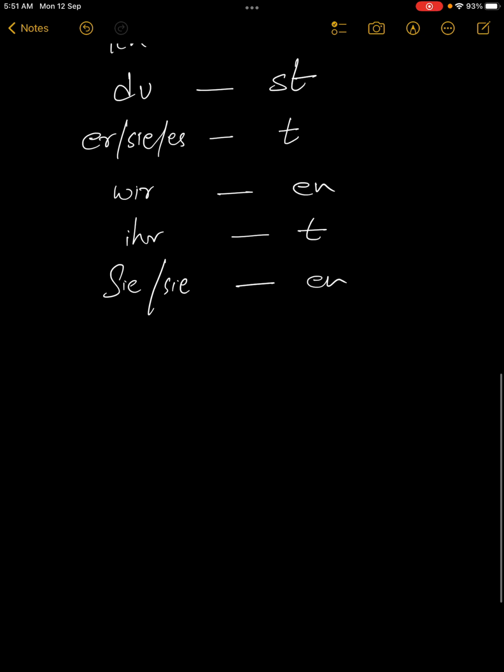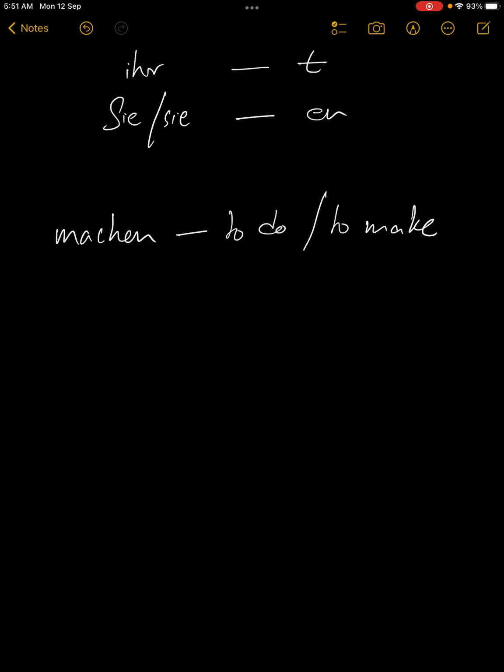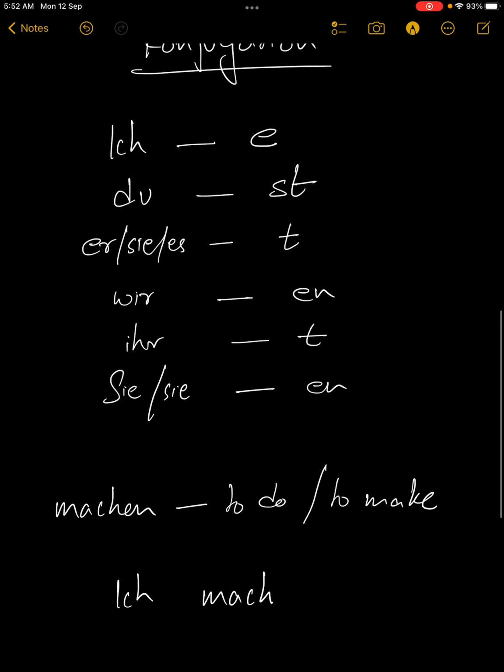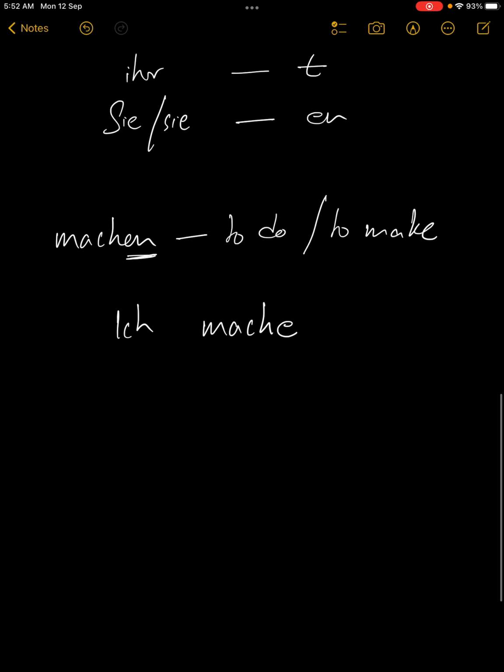Now I'll show you how it works. Let's say I have to conjugate the very first verb that I wrote, machen. You remember the meaning, right? Machen means to do or to make. Let's say I'm saying that I'm doing something, so I'll write ich mach. Now remember the ending? What you're supposed to do is replace the en with e. That's all you need to do: replace the en and put the one shown above. So when you say I'm doing, you should say ich mache.